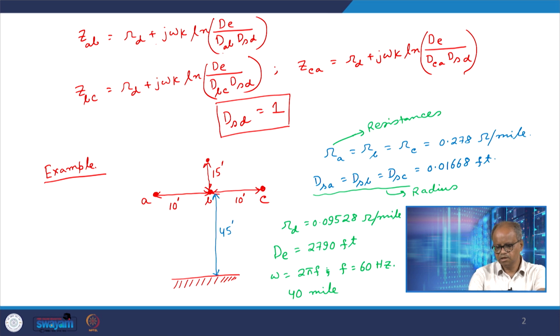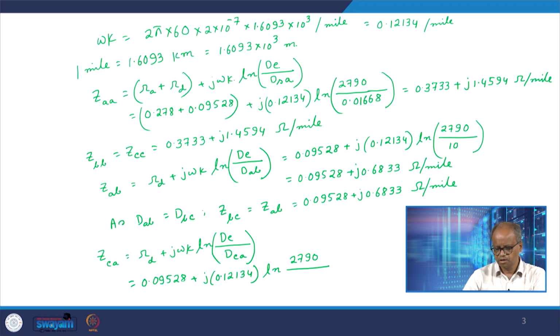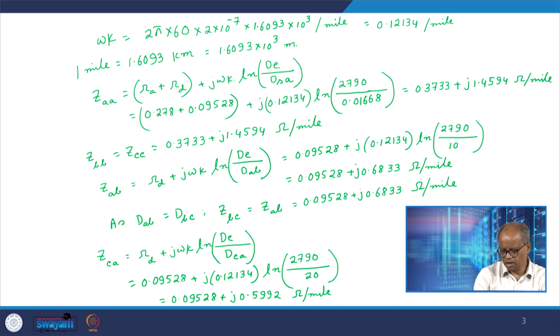DCA is the distance between phase A and phase C, and from this diagram it is 20 feet. So it is divided by 20. If we do this calculation, it will come out to be 0.09528 plus j 0.5992 ohm per mile.